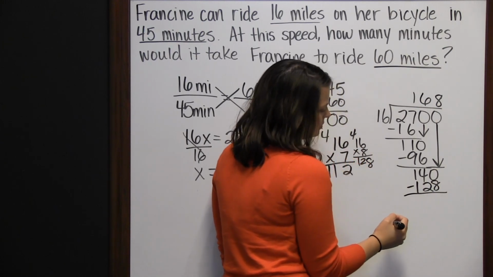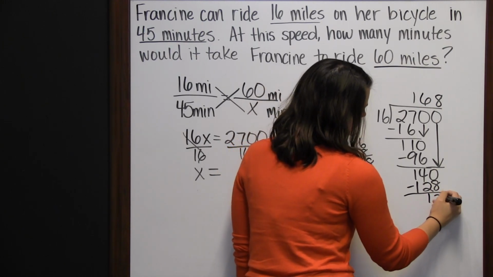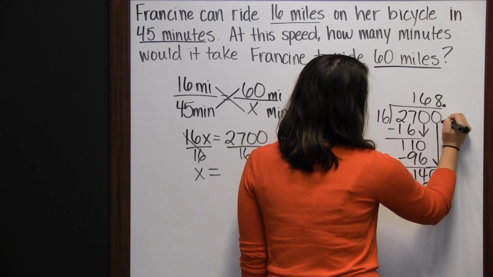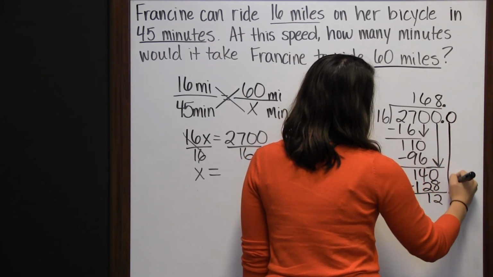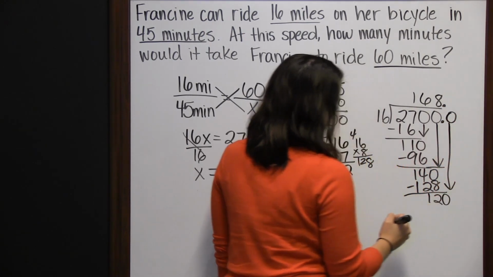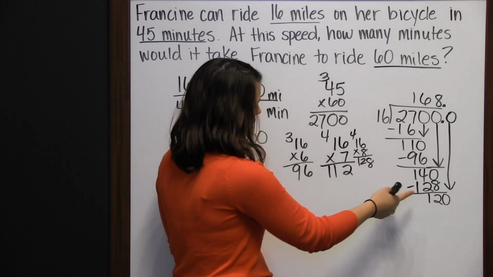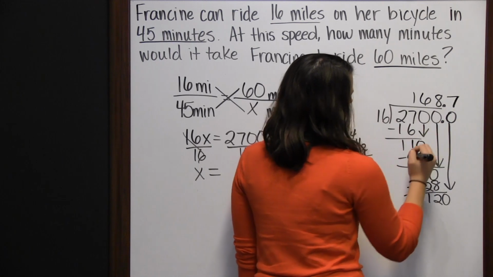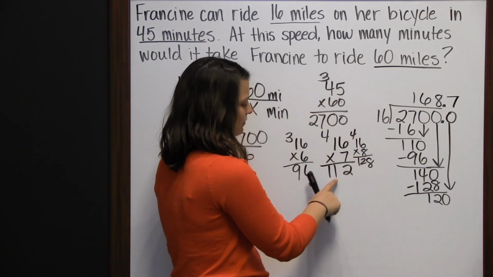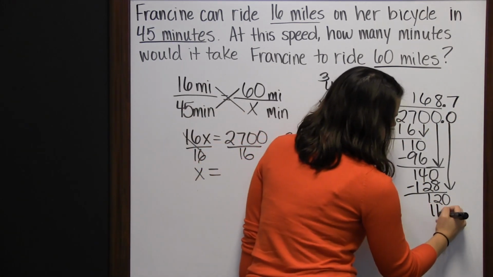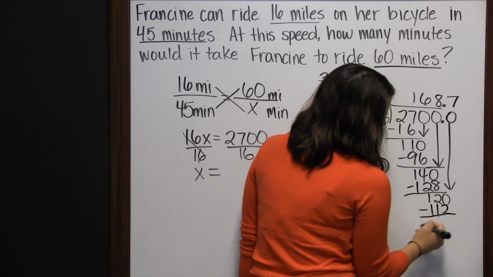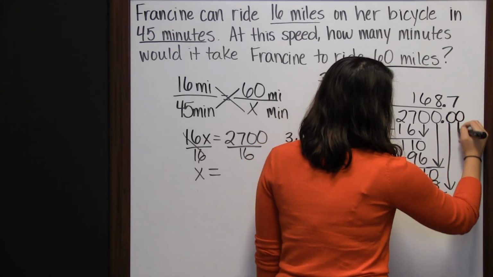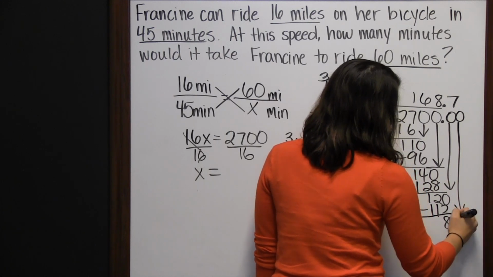And when we subtract those numbers, we get 12. So that means we need to add a decimal and a 0 and bring it down. 16 goes into 120 7 times. 16 times 7, we found earlier, is 112. So we subtract and we get 8. We add another 0 and bring it down.